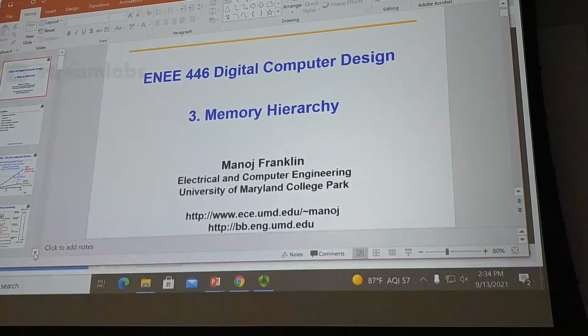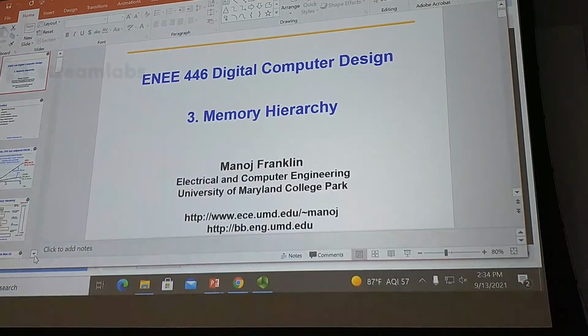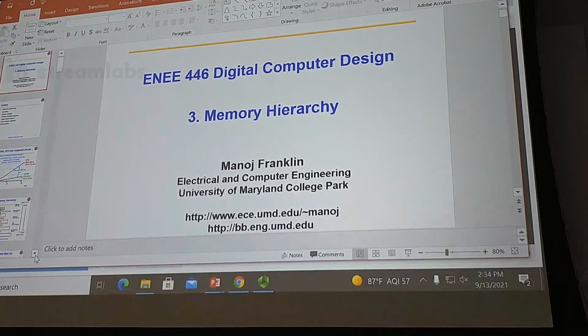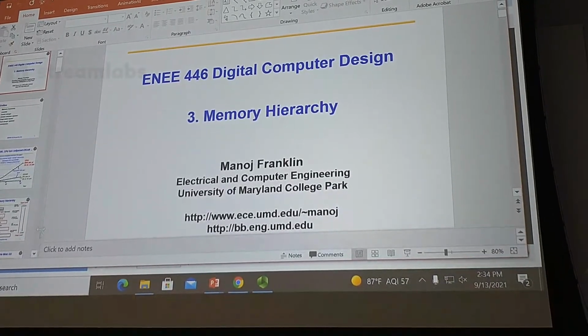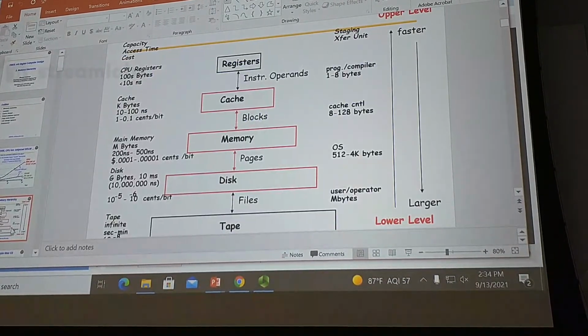Okay, the initial 2-3 slides are same as we saw in chapter 1, like this one is same as we have seen before.